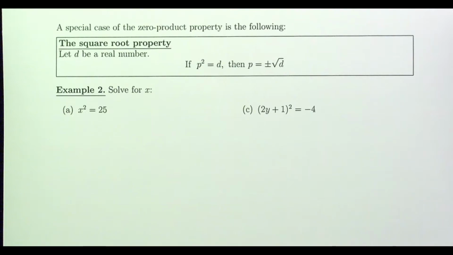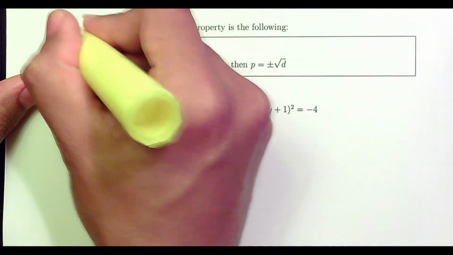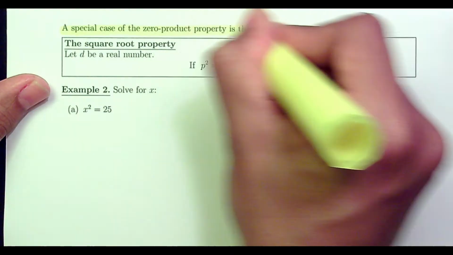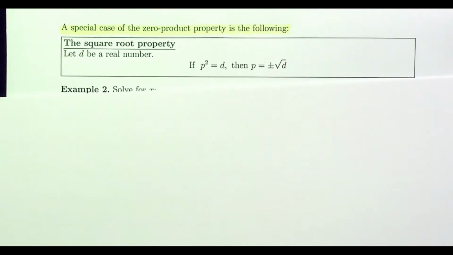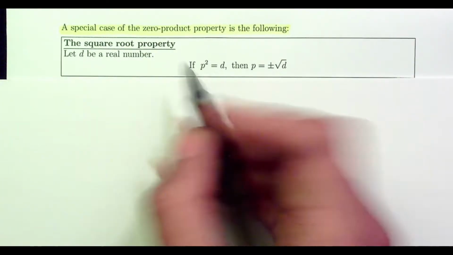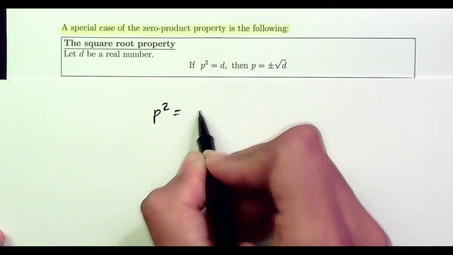And this method is actually a special case of the zero product property and the difference of squares formula. How, you might ask? Well, here's why that's true. Suppose for a second that p squared equals d.